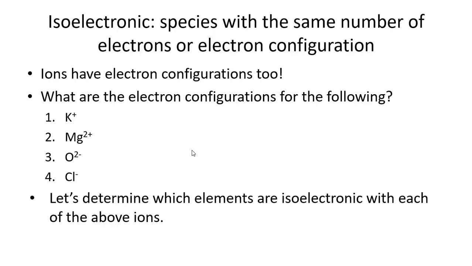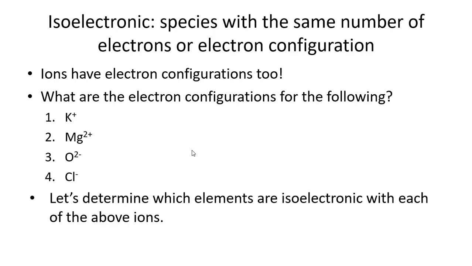Well, what orbitals they reside in is going to be your s, your p, your d, your f subshells, and your principal quantum numbers. All that stuff applies the same way. Same thing with your spin quantum numbers. And so if we can figure out what the electron configurations are for each of these ions, then we can compare them to other elements or other ions, and then we're able to say, oh, this one is isoelectronic with, and then we can list things that it's isoelectronic with.